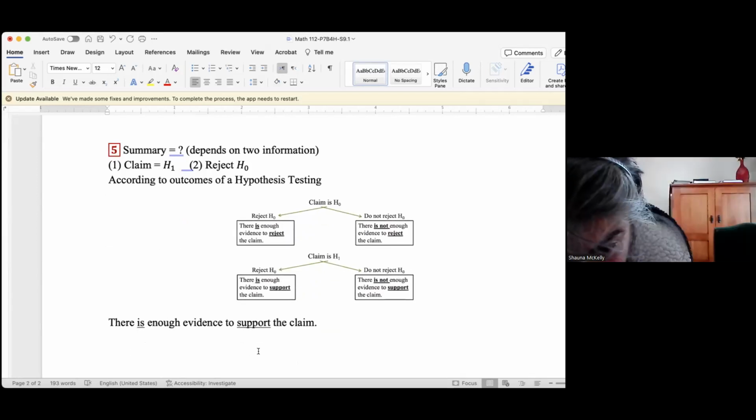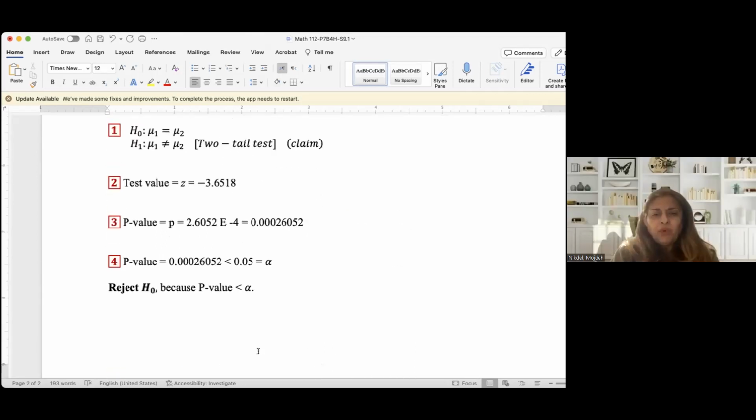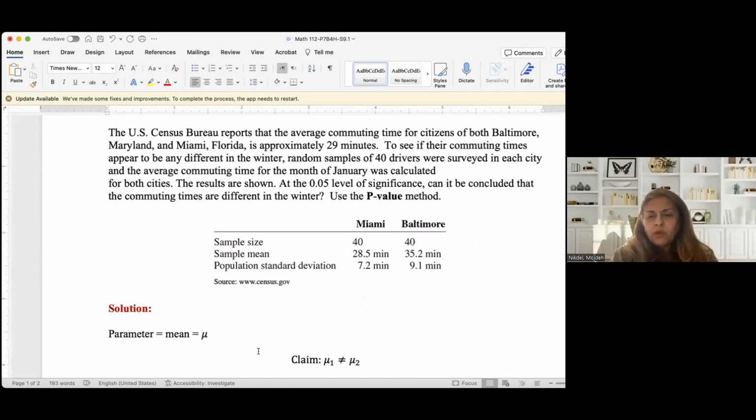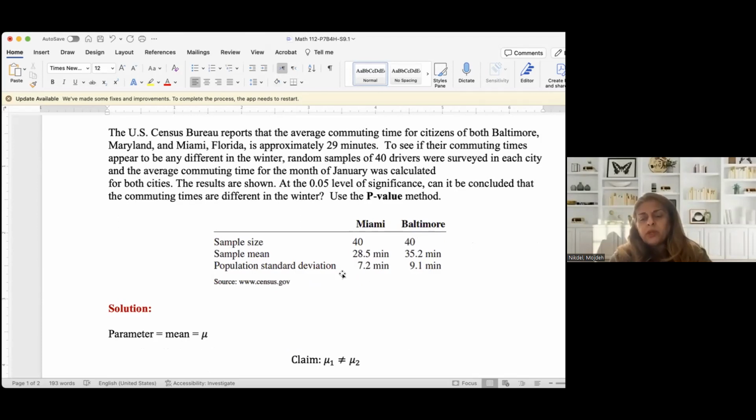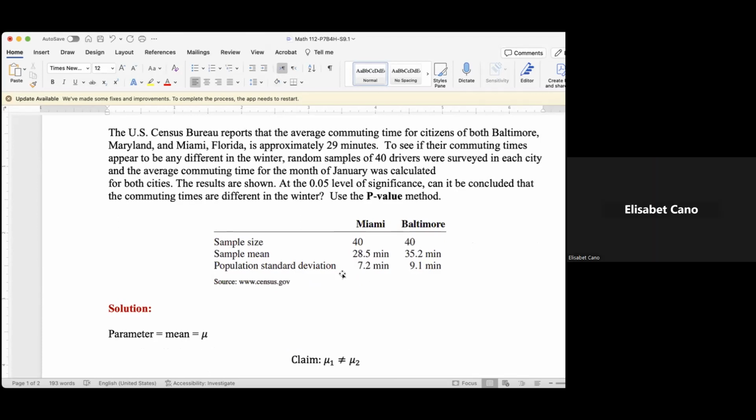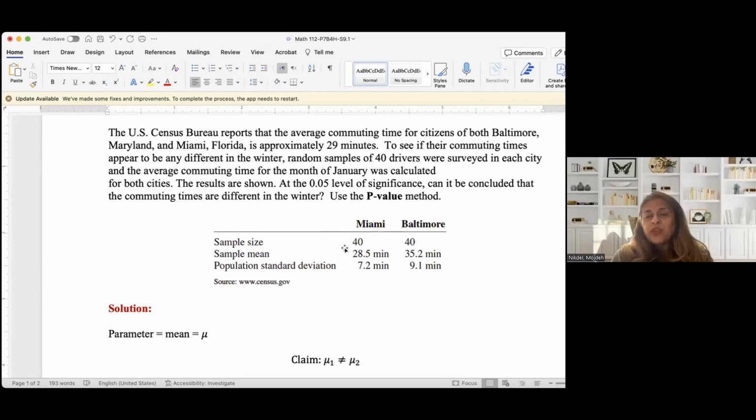I think someone is a little confused about how to enter the data in the first place. Somebody asked where 7.2 came from. It's given as part of the problem. Here it is. This was given to you. Oh, okay, got you.